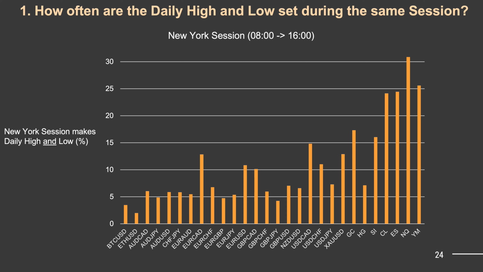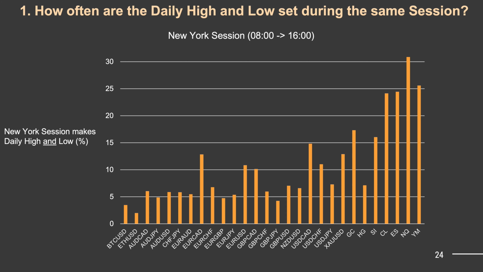Here we have percentages that go to 30%. On the other sessions, we barely reach 4%. So that was the first question answered: how often are the daily high and low set during the same session?